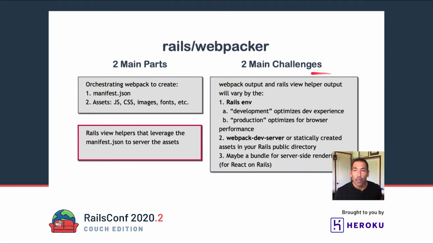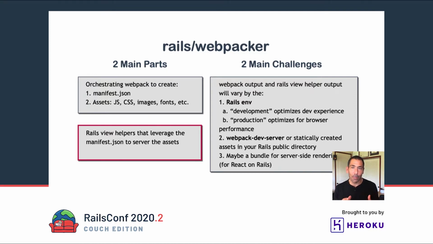First of all, the Webpack output and the Rails view helper output are going to vary by the Rails env. So the development environment is going to optimize for the developer experience. The production environment is going to be optimizing for the end user experience, for the browser experience. Another challenge is that we've got the Webpack dev server for the development time, and that's going to be different than when we're actually creating assets statically over in the public directory.